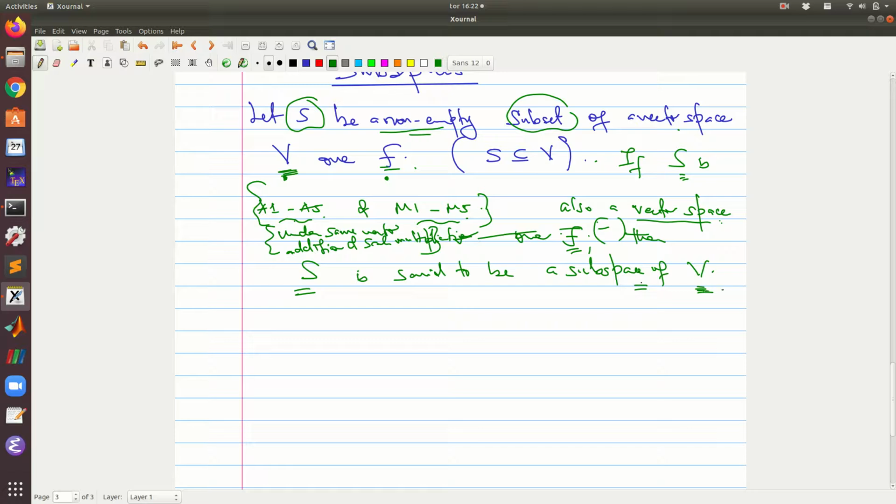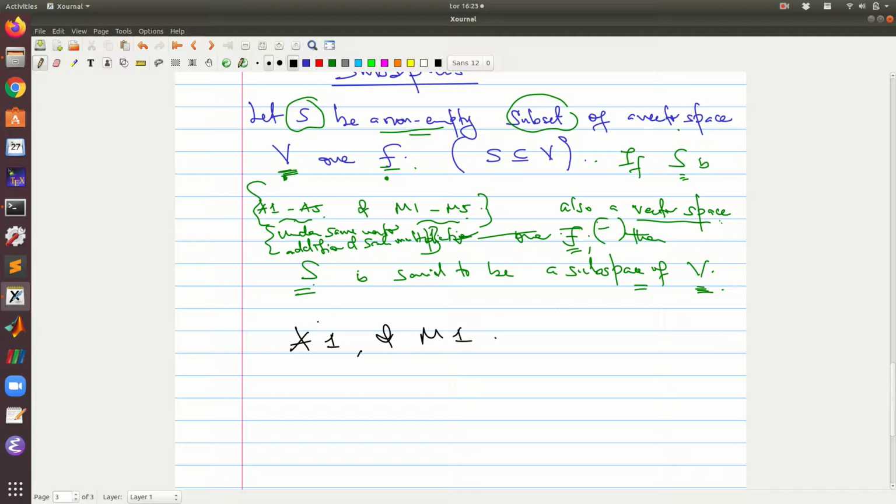Now, in trying to show that S is a subspace of V, the theory says that it is actually enough to check for just A1 and M1.